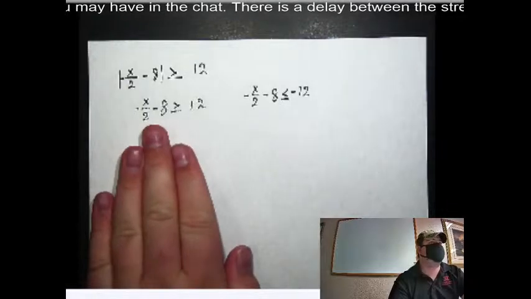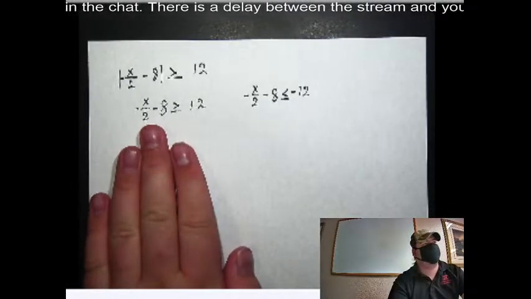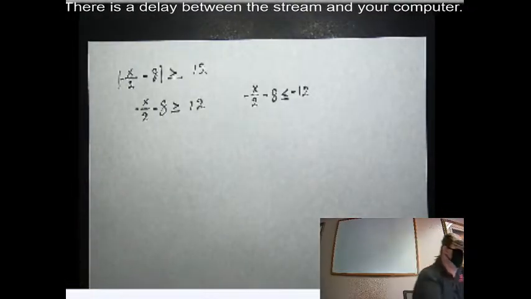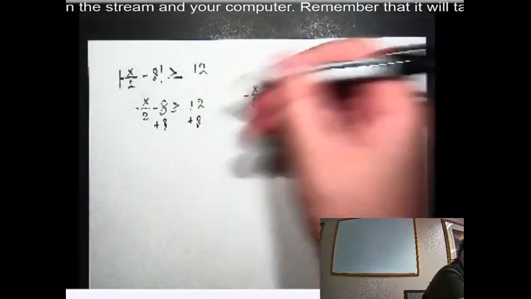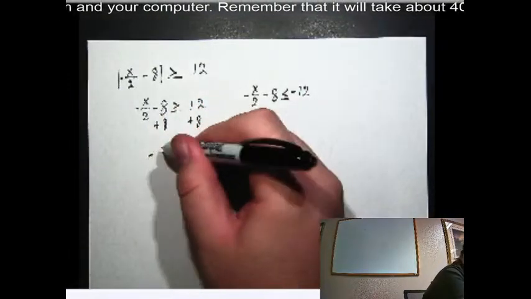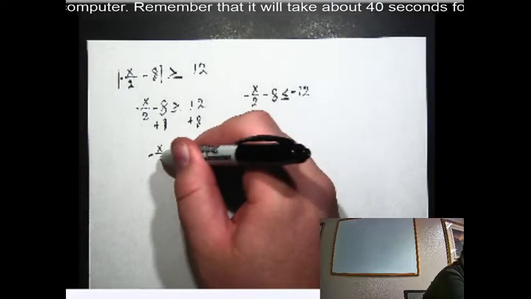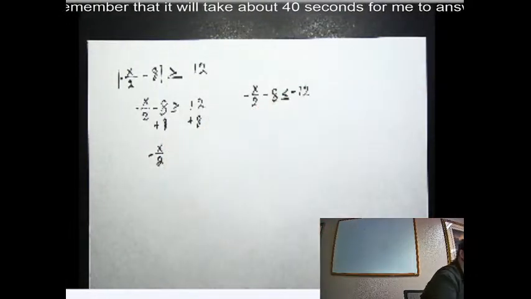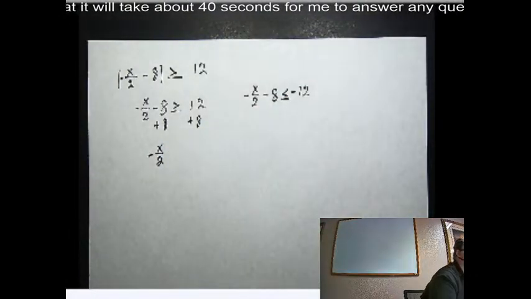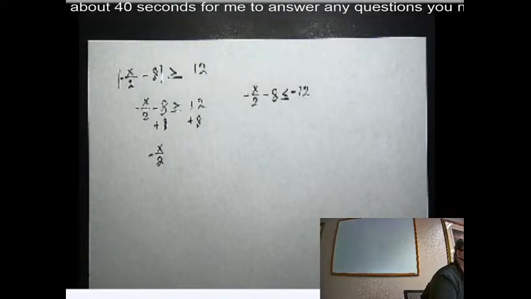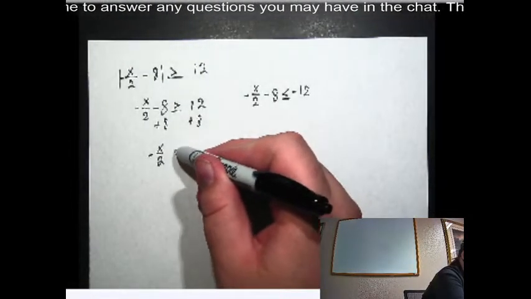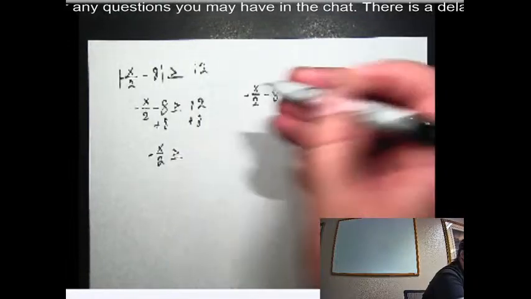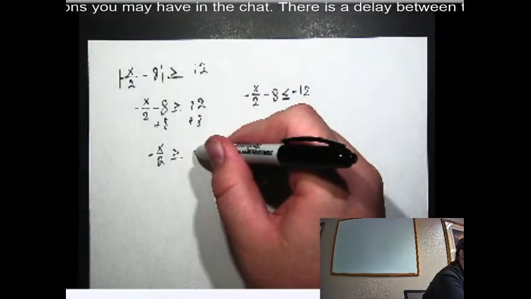Let's start solving this one. What do we do first? Okay, plus 8. All right, and that's going to give us negative x over 2, then what? What's our inequality? Good, no change in it, and then this is 20.